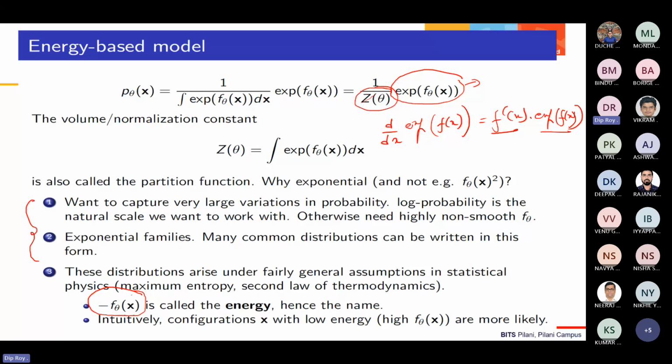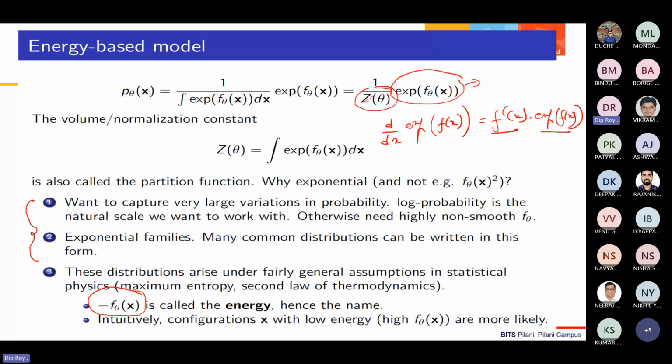This energy function maps any input configuration to a scalar representing its energy. We are not talking about a probability distribution as yet. What the model will do is learn to assign lower energy to data points that are likely or good, and higher energy to data points that are unlikely or bad.